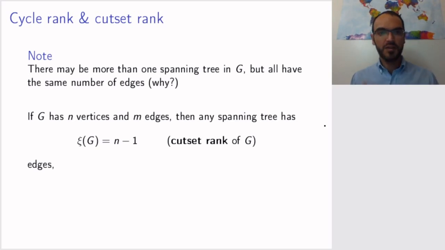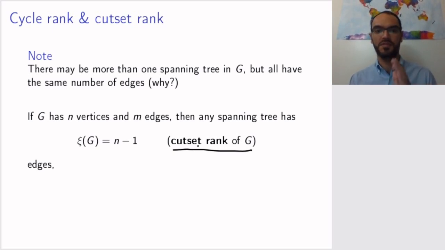So if my graph G had n vertices and m edges, what I just explained shows that the size of any spanning tree in terms of edges is n minus 1. Any spanning tree has n minus 1 edges. This number carries the fancy name of the cut-set rank of G. So far we have not mentioned anything about cut-sets, so for now this is just a name.